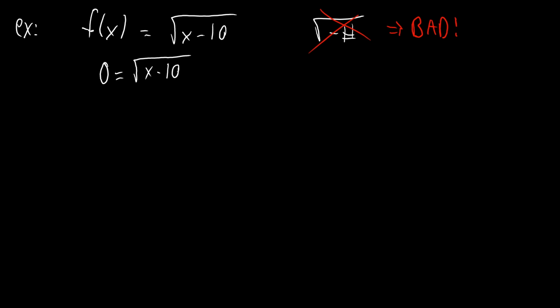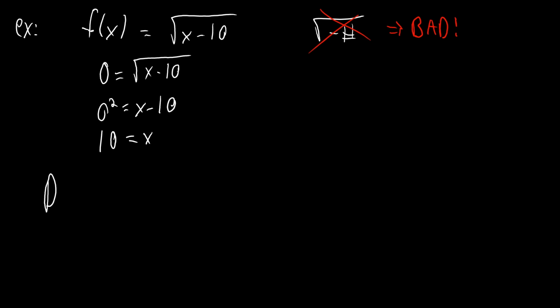So square both sides: 0 squared equals x minus 10. Add 10 to 0 squared, which is just 10. And we have 10 equals x. So we know 10 is going to be the smallest value, because of that subtraction sign, because we don't want our square root to be negative. So 10 is the absolute smallest value that our domain can be.